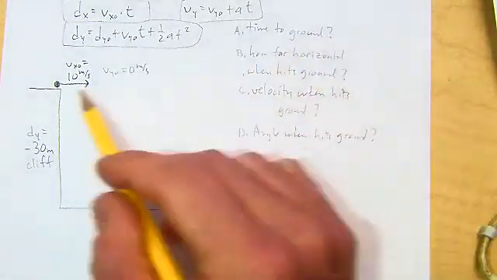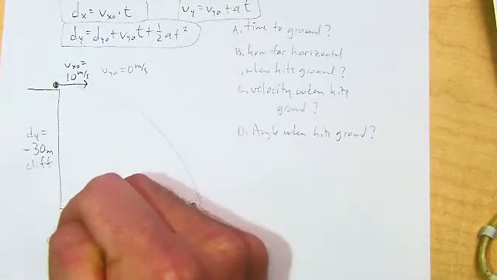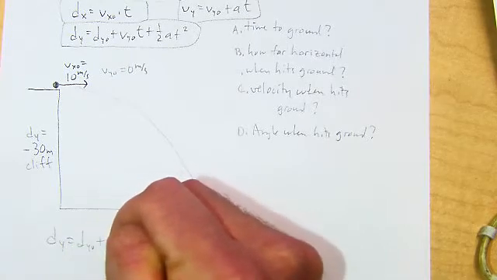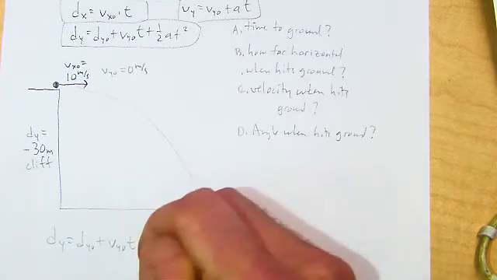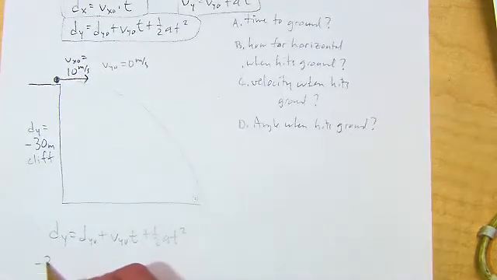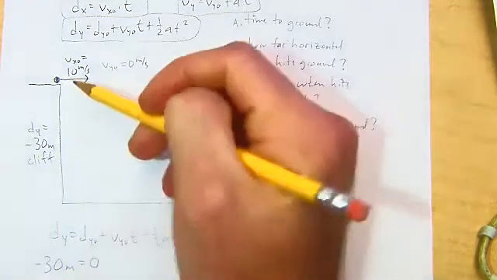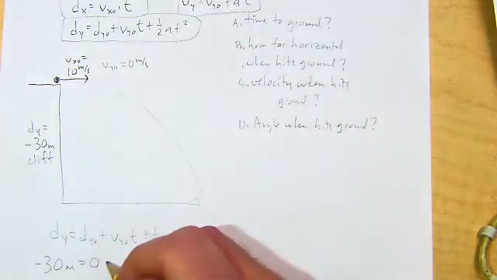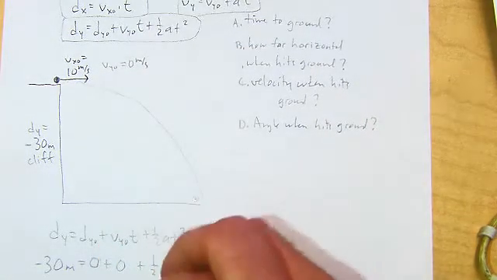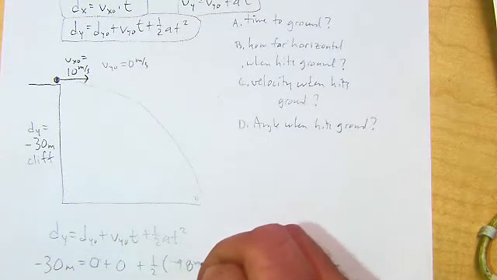So to get to the ground, let's use this equation. Negative 30 is the distance in the y. This is 0 because we're just counting this as 0 height. Our VYO is also 0. Our A, or acceleration for the vertical, remember, is negative 9.8.